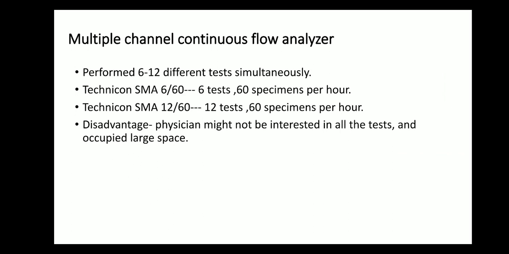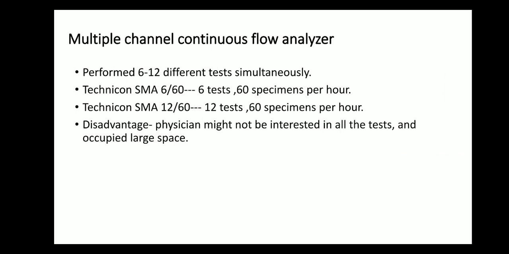Now coming to multiple channel continuous flow analyzer. So here 6 to 12 different tests can be done. Previously we saw continuous flow, only one type of test could have been done, whereas in multiple channel continuous flow analyzer 6 to 12 tests we can do. So these are the analyzer model names, Technicon SMA 660.